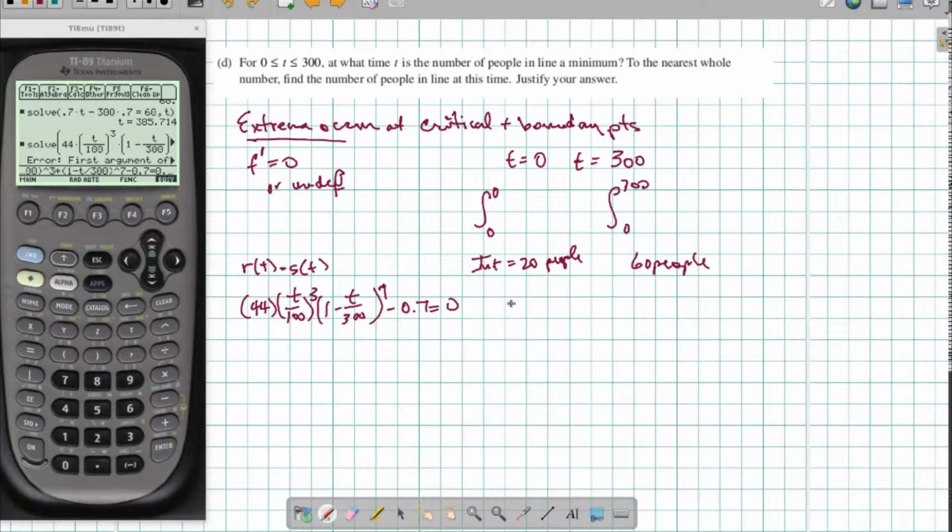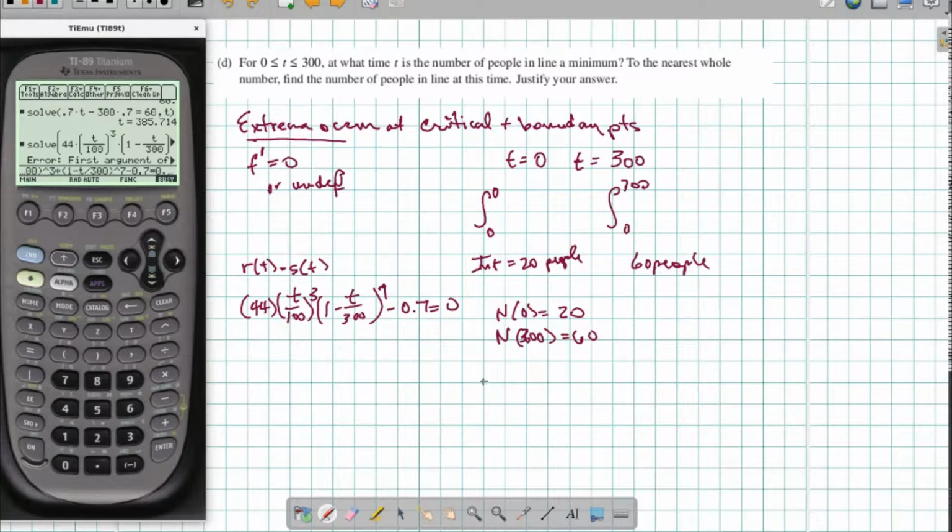So I know that the number of people at time 0 is 20 people. I know that the number of people at time 300 is 60 people. So all I need to do is figure out the critical points of this expression. And of course it is still calculating. It will take a while to do that, and that's okay.